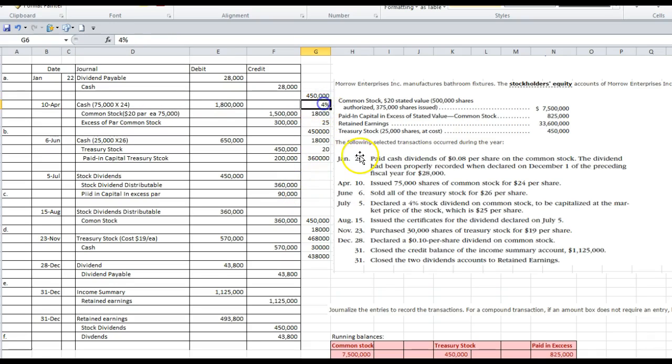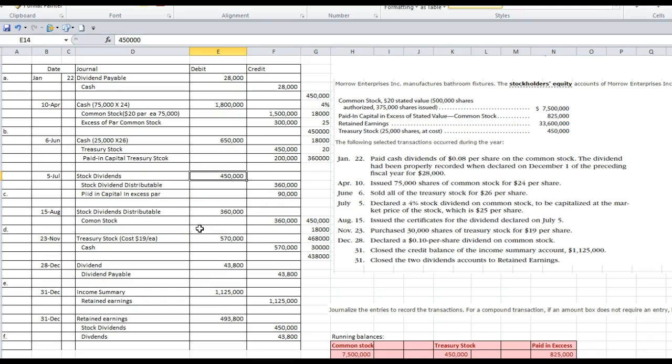We're going to multiply that times 4 and come up with an 18,000 share stock distribution. Those shares are worth $25 each, so that comes to $450,000 that the dividend is worth. So our stock dividends are costing us $450,000.